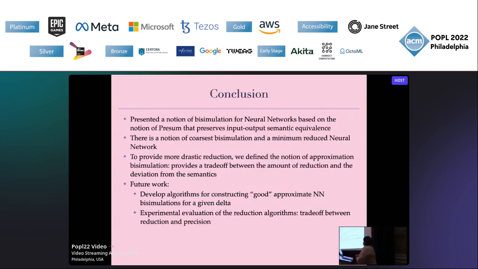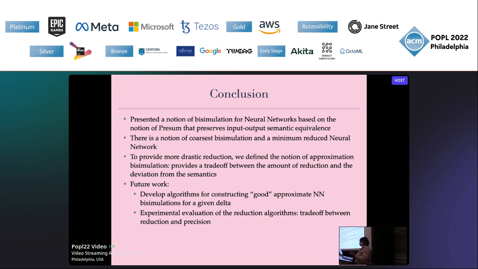All right. So that's all I had to say in terms of the results in the paper. So to summarize, we presented a notion of bisimulation for neural networks based on this notion of presum that gives us input-output semantic equivalence.